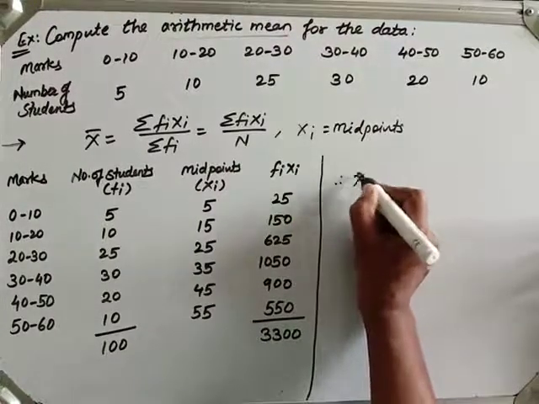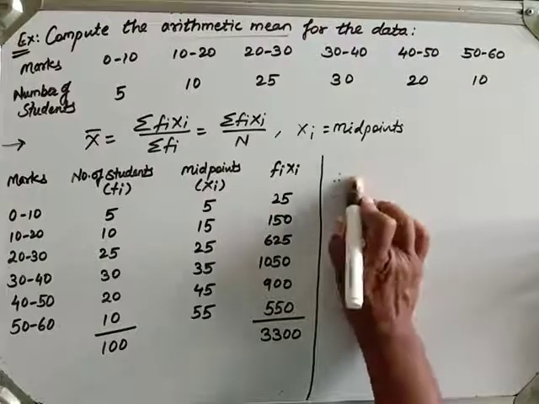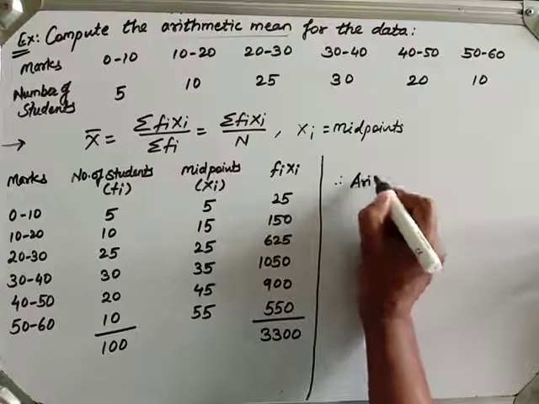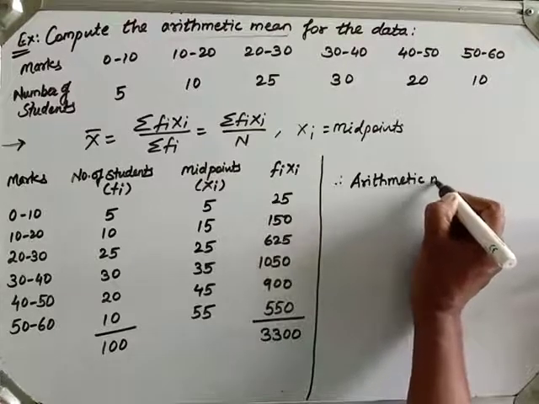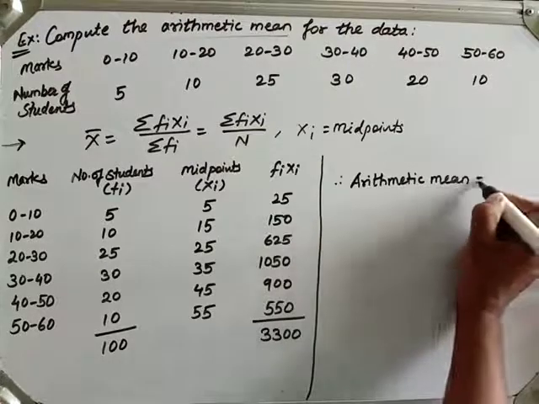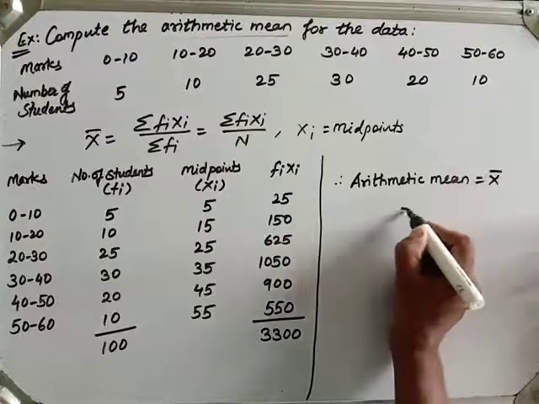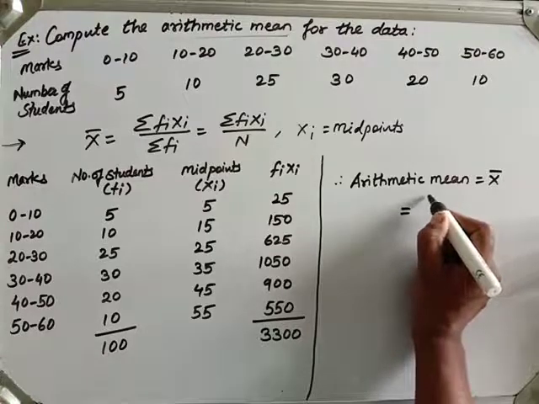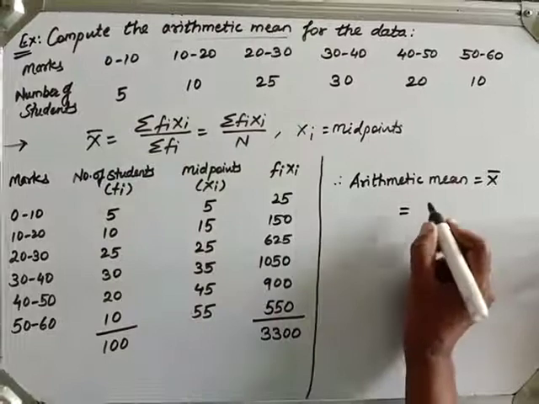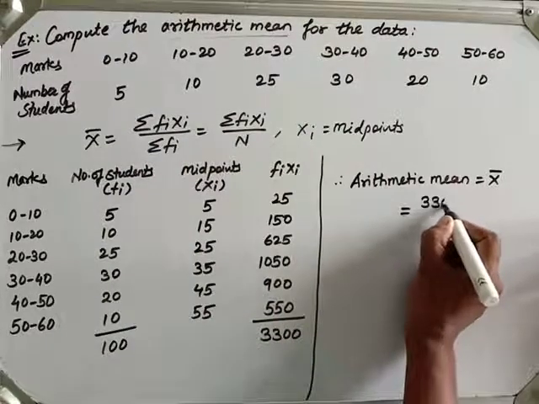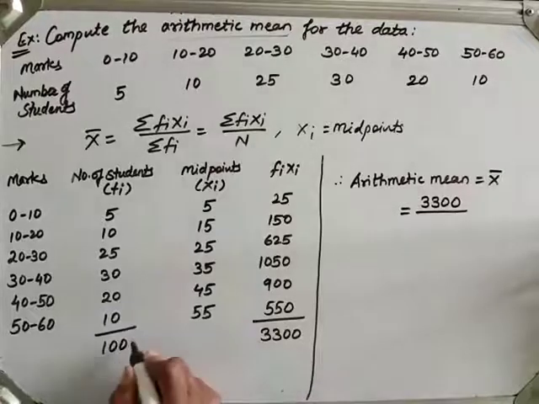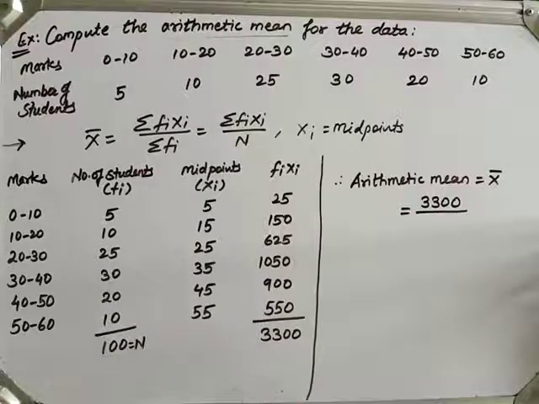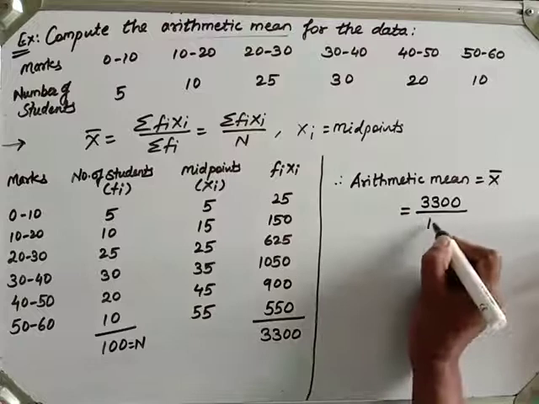Now let me use the formula to find the arithmetic mean. Therefore x bar, or arithmetic mean, is equal to summation fi xi, which here is 3300, upon capital N. N is how much? 100.